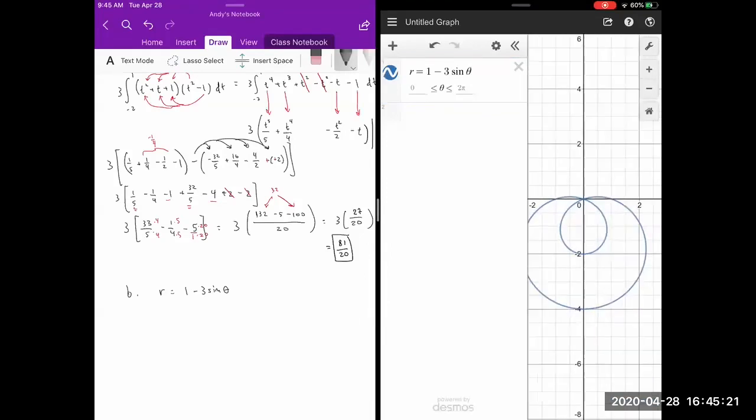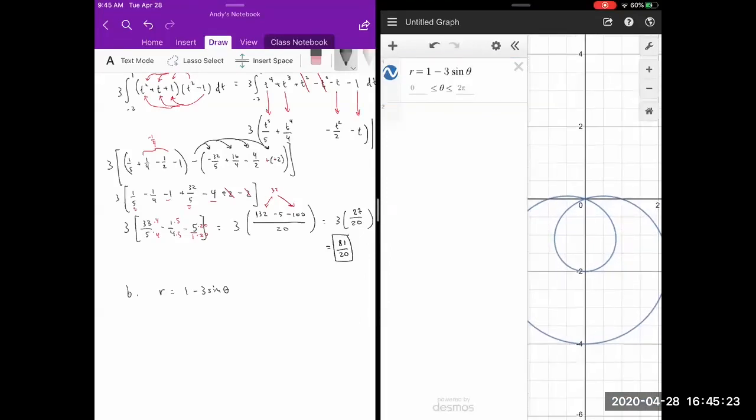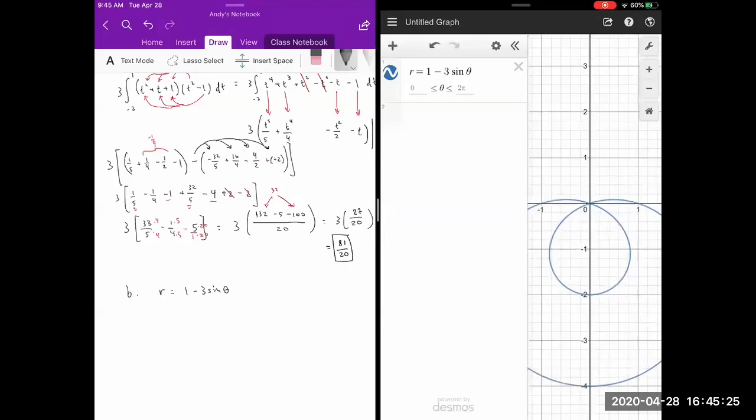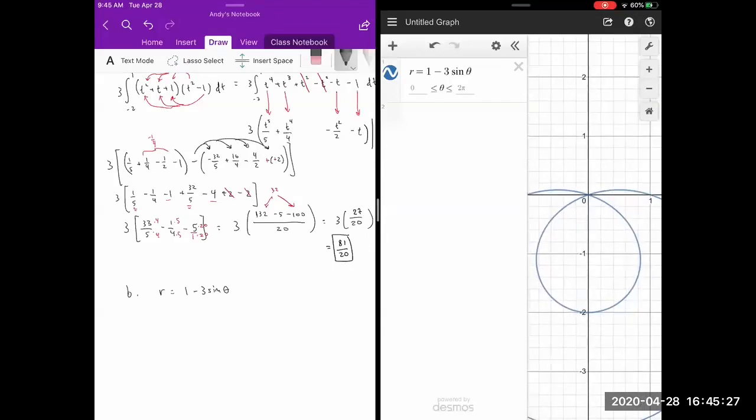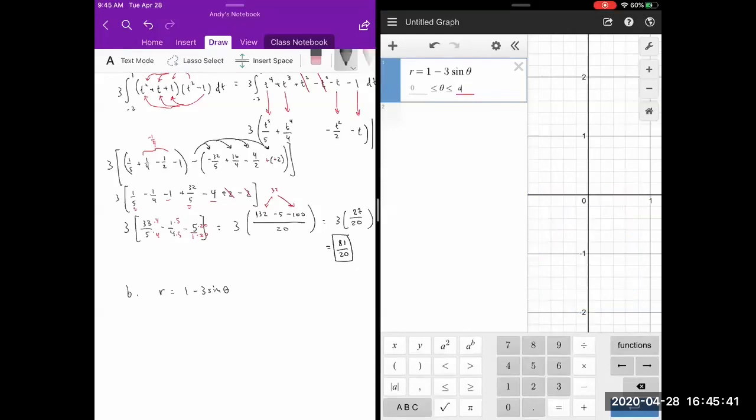So the loop part, well, it looks like it's this part here. What are the bounds of the loop? Now, the nice thing with Desmos is we can actually kind of draw it. I don't know if it lets us, let's see.